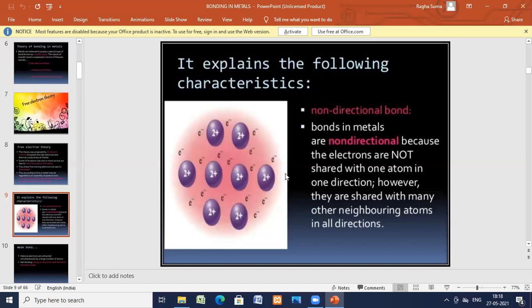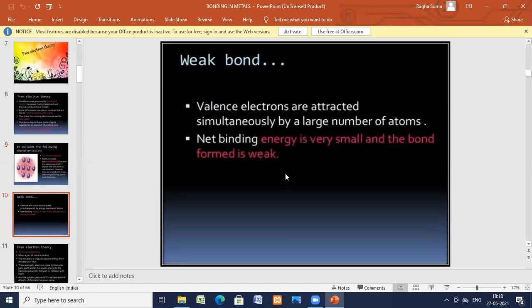The characteristics explained about the bonding are that the bonds are non-directional. The electrons are not shared with one atom in one direction, but with many neighboring atoms in all directions. Which type of bond is that?